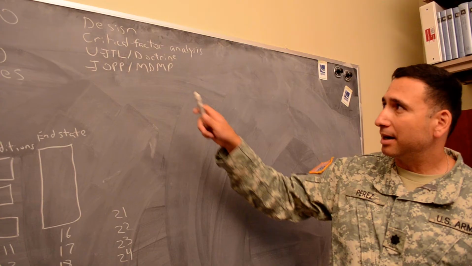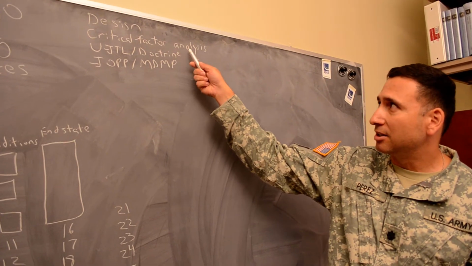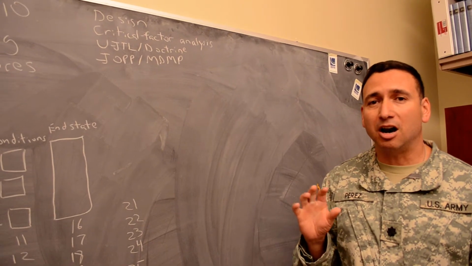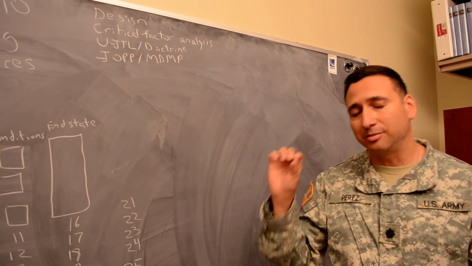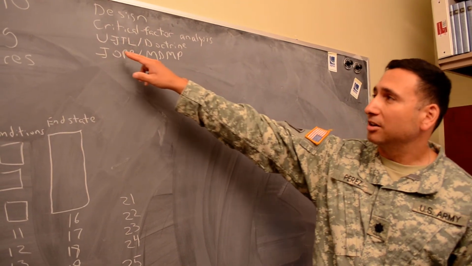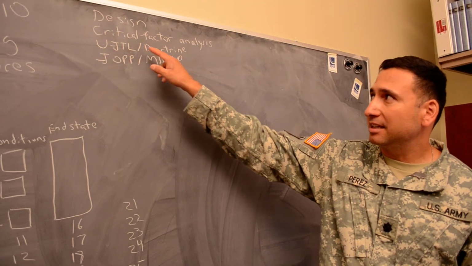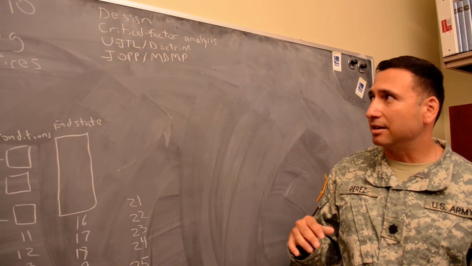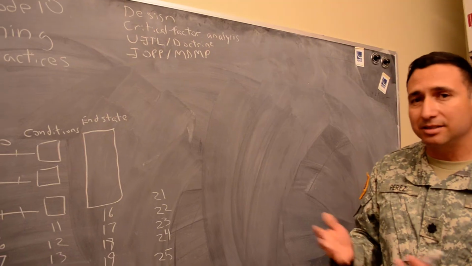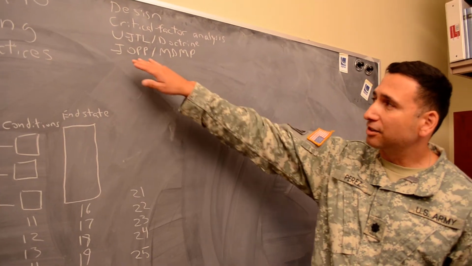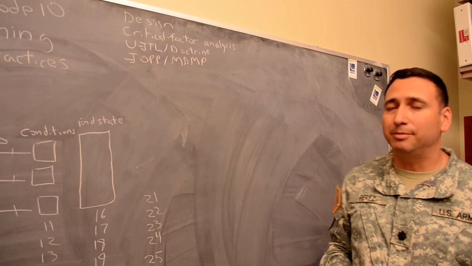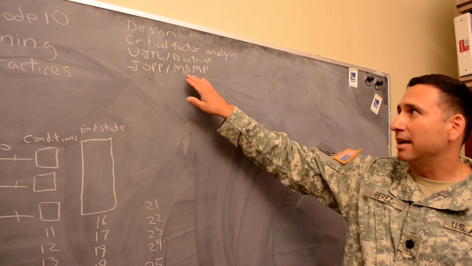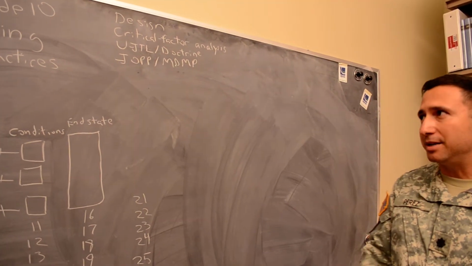We're also going to talk about critical factor analysis, or as some people refer to it, COG as in center of gravity, COG-CV as in critical vulnerability analysis. We'll also talk about the Universal Joint Task List and doctrine, and consulting those documents as a 3rd practice. And then there's a 4th practice of detailed planning, which in the joint community we know by the familiar acronym of JOPP, and within the Army community we know as MDMP.